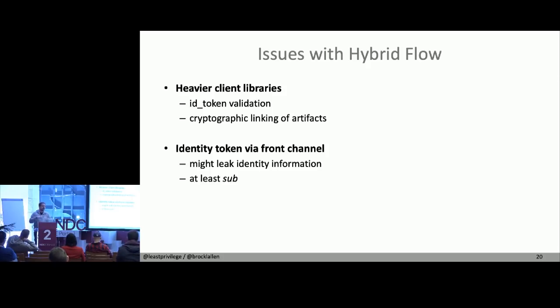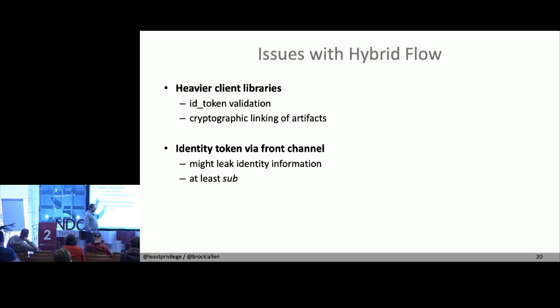They use PHP and Java and so on. It turns out it's not easy to find spec-compliant hybrid flow implementations outside the Microsoft space. Microsoft implemented it, but many other libraries don't. They just stayed on pure code flow, ignoring the problem with the substitution. So that's one thing: it's harder to implement.